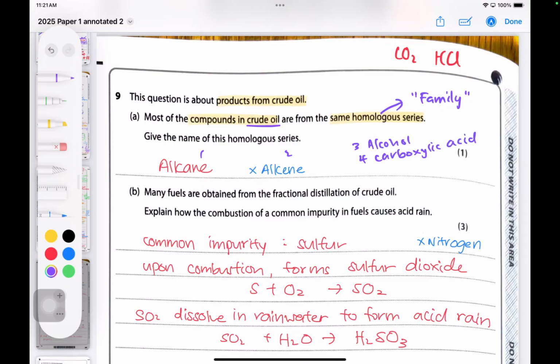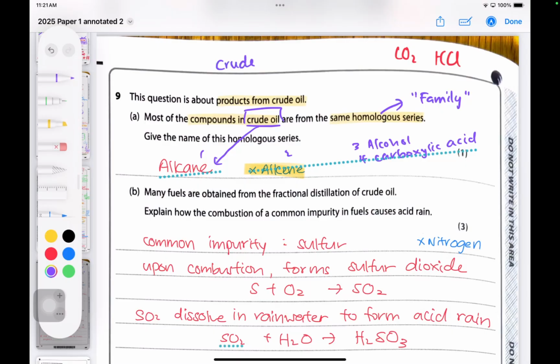So how do we know that it is alkane and not the other 3 families? The clue here is that the products of crude oil will all be alkanes. However, some students write the incorrect word, alkene. When would alkene come into play here? It's when the crude oil fractions go through cracking.